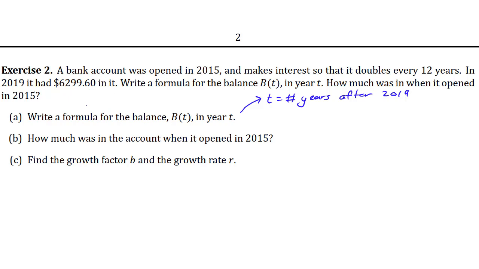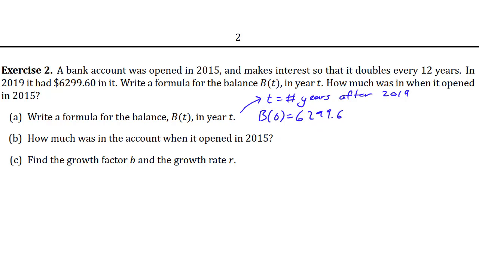If you have a different interpretation of what t represents, either t equals 2019 means year 2019, or t equals 4 means 2019 if you're thinking of years after 2015, all of those ways should work out just fine. But I want to do it so B of 0 is 6299.6.